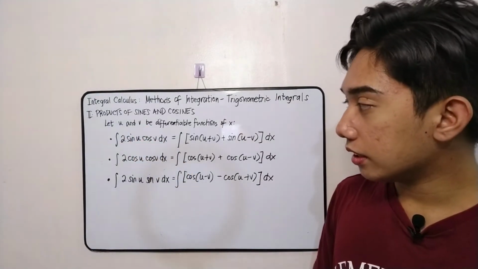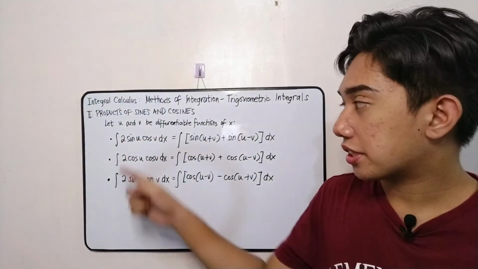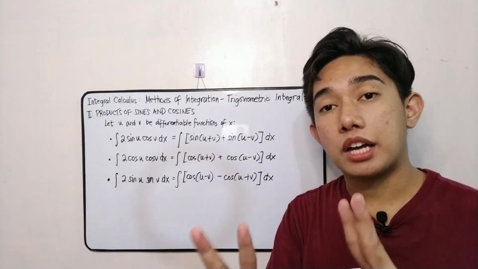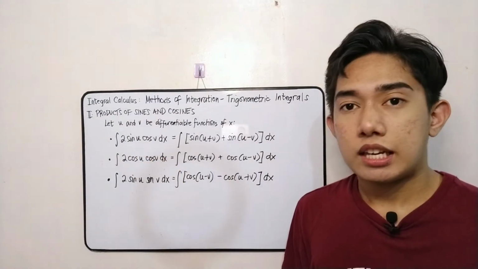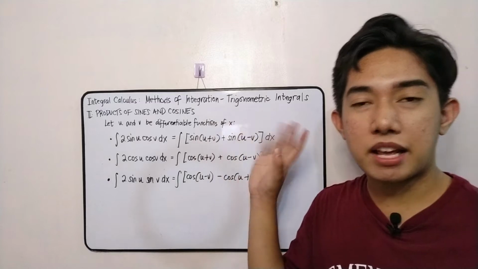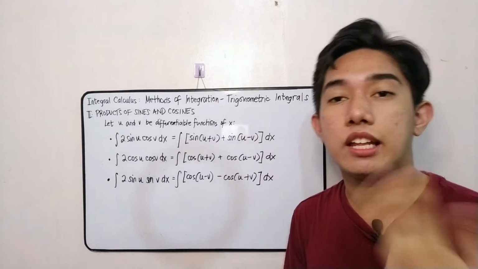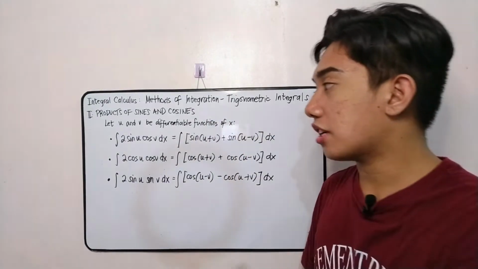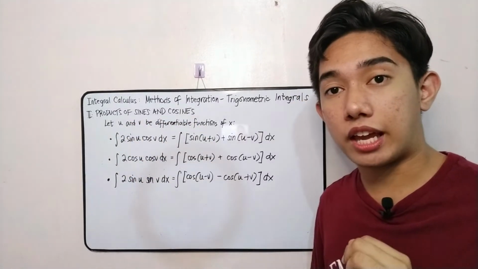When we encounter this type of problem, we notice that the values of u and v are different. If they are the same, maybe we can apply a certain identity for that. But anyway, we will focus on when u and v are distinct.